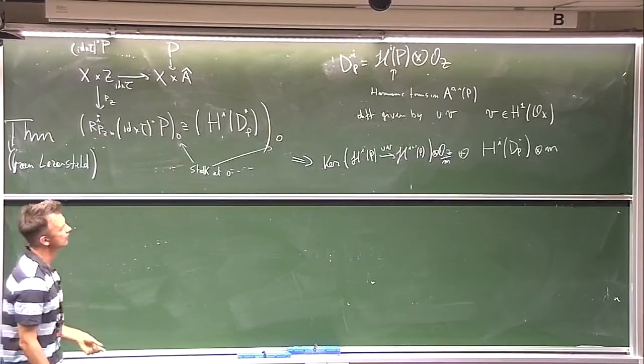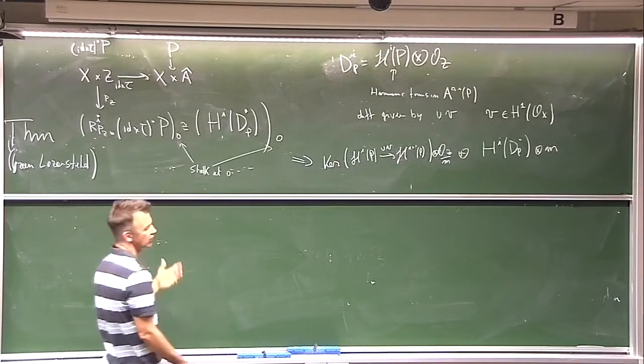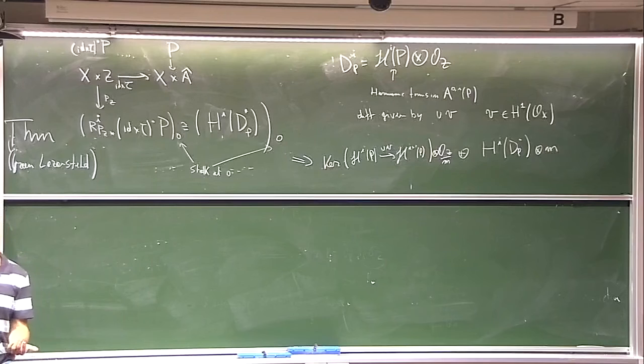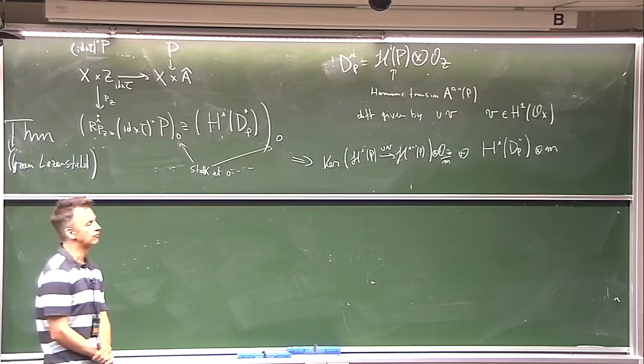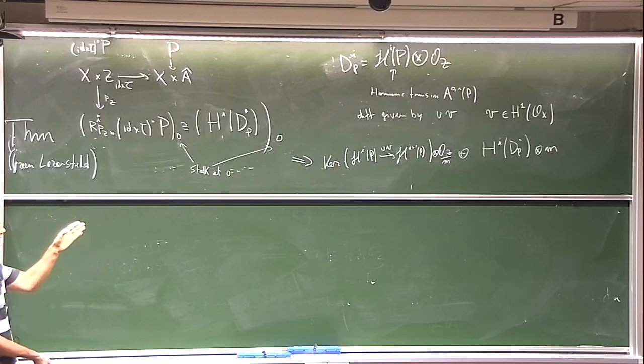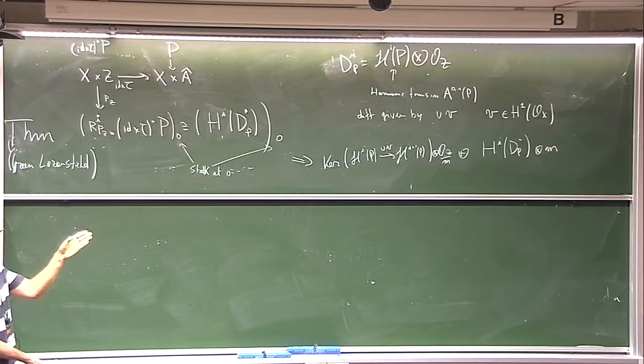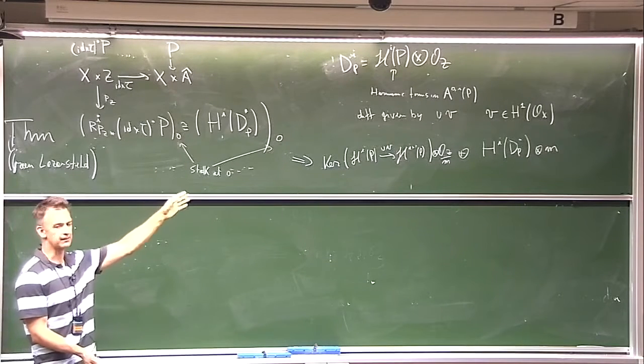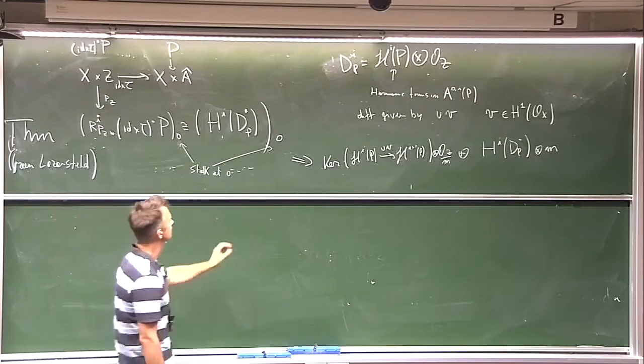So somehow this theorem should encode what we already know, plus hopefully some more. If I pick V to be tangent or not tangent, I should be able to see it.